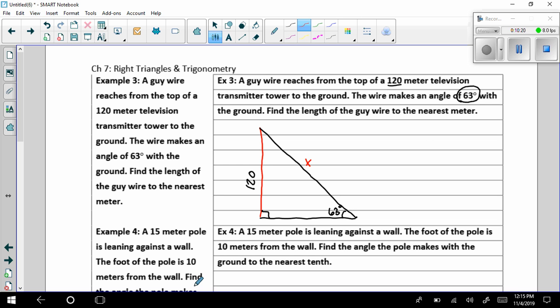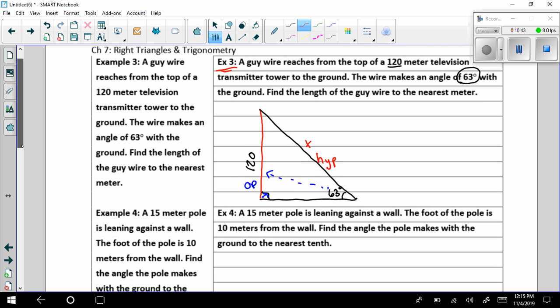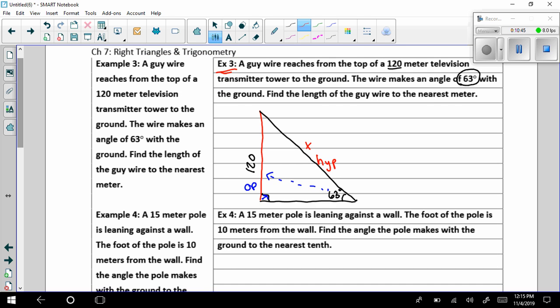All right. So once again, we label our triangle. In terms of our angle of interest, that is opposite. This is across from the right angle, so it is hypotenuse. Pick your trig function and solve for x. So go ahead and set up your equation and solve for x.